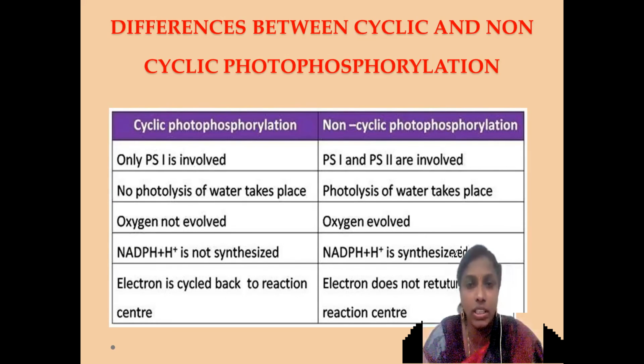Whereas in the non-cyclic photophosphorylation, both the systems are involved and water molecule breakdown will take place in the thylakoid membrane, oxygen evolution will be there, NADPH synthesis will take place, and the electron will not go back to photosystem 2 once it gets excited.